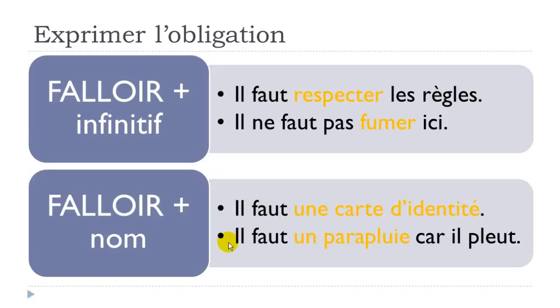Second example here, il faut un parapluie, umbrella, car, because, il pleut. It's raining. Il faut un parapluie, car il pleut.